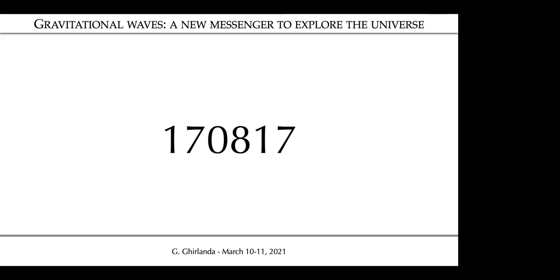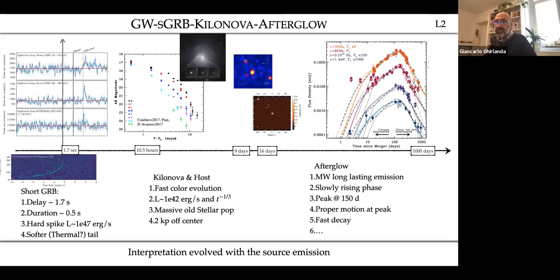Perfect. Okay, so let me make a very brief summary, like the one we had for GRBs, a kind of summary slide where you see the fundamental milestones for the subject, in this case 170817, listed here with their time scales.